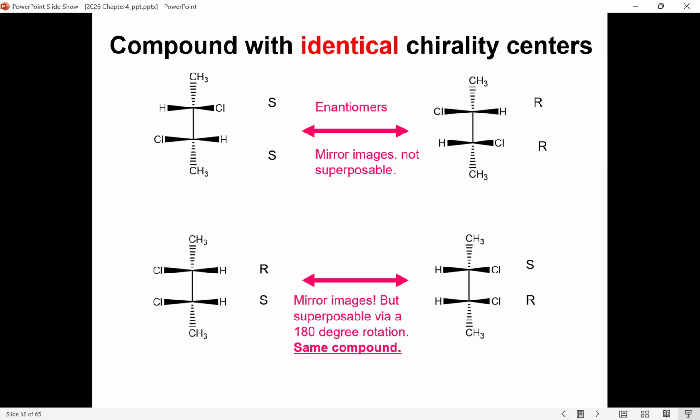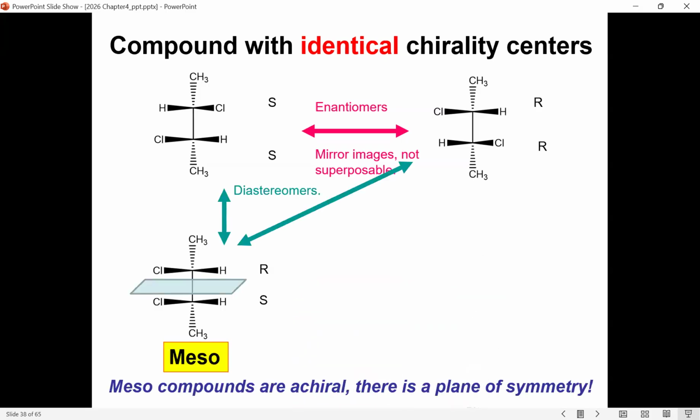If you take a second look, for the bottom molecule there is a symmetry plane passing through the middle of the carbon bond, between carbon two and carbon three, and one half is the mirror image of the other half. Actually, this molecule is achiral.